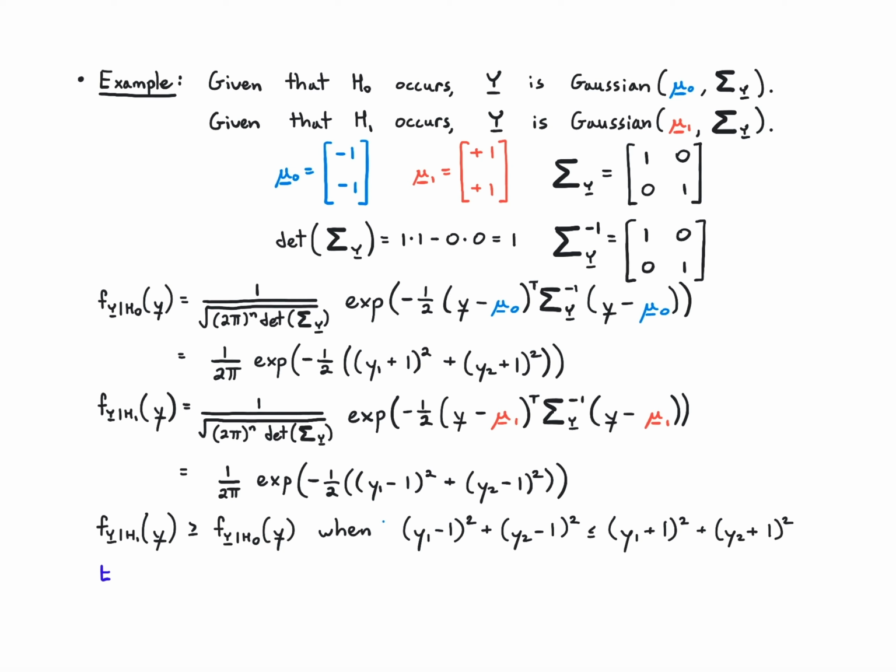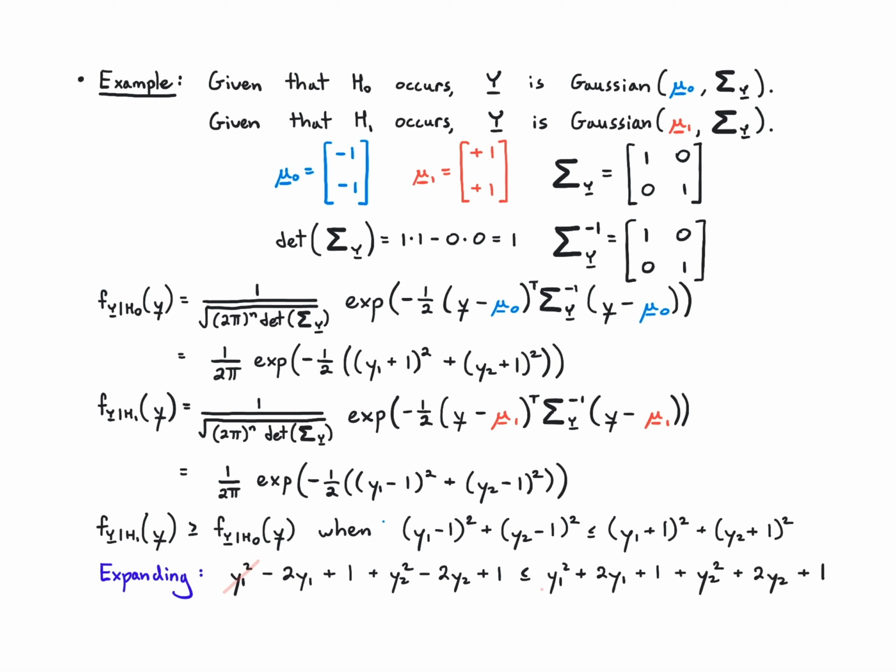That's why. I'm just going to expand both sides of this inequality and cross out terms. So I get y1 squared minus 2y1 plus 1, y2 squared minus 2y2 plus 1, comparing that to y1 squared plus 2y1 plus 1 plus y2 squared plus 2y2 plus 1.